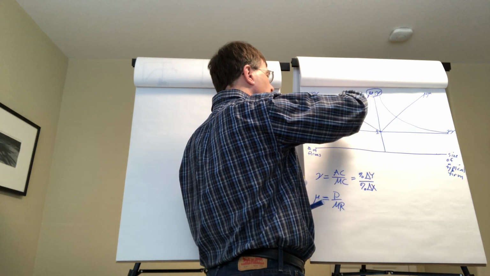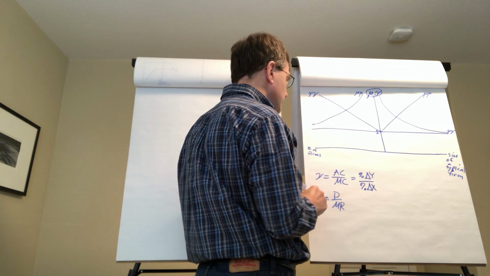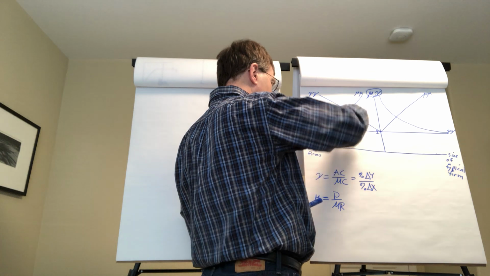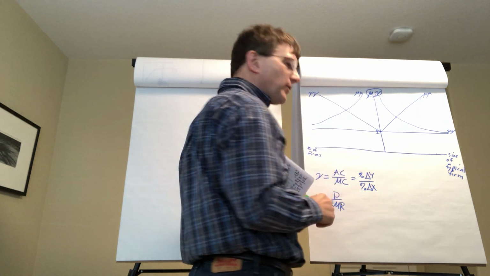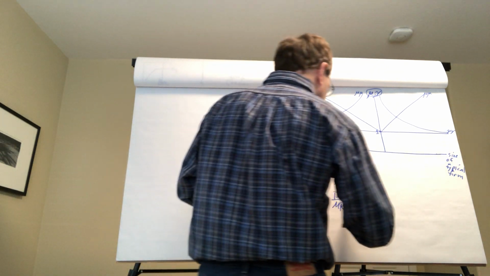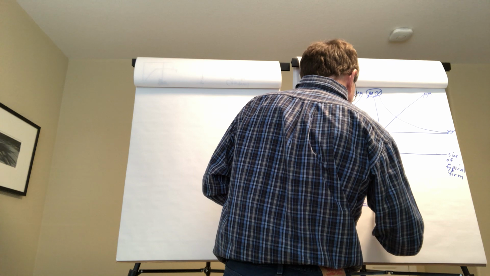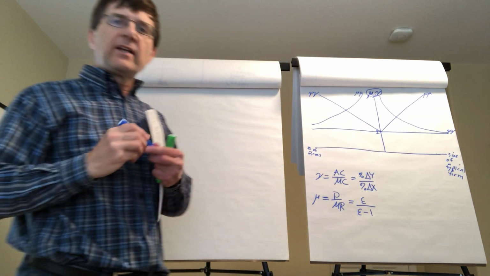The idea here is if there are a lot of firms, there's a lot of competition, so you're going to have to set your price lower. But if there are only a few firms, there's not much competition, and you can set your price higher. Of course, mu is equal to the price elasticity of demand over the price elasticity of demand minus 1.